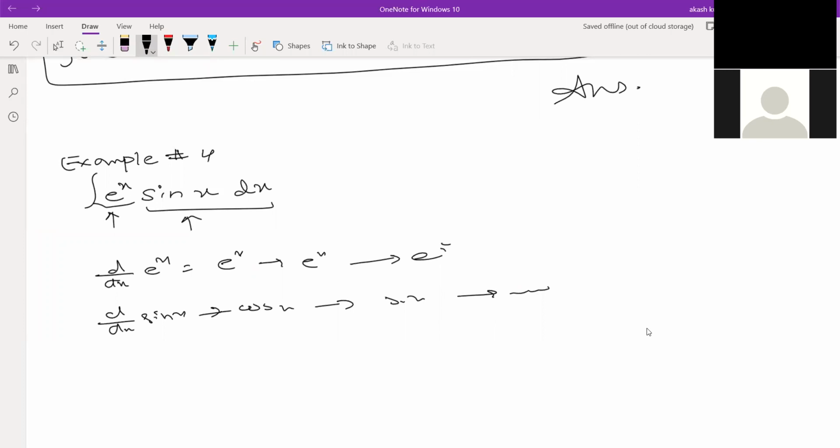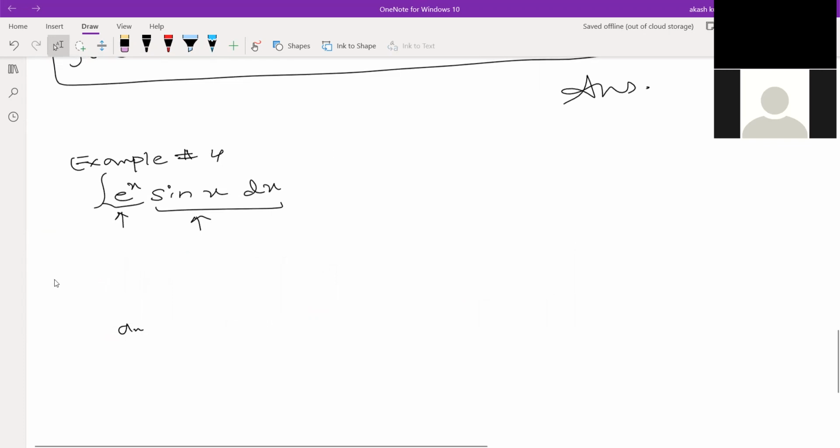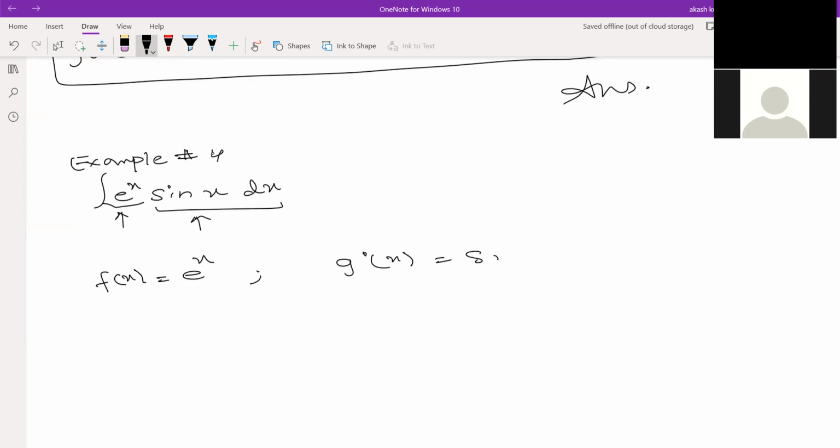Okay. Now we have to choose. Let's take u, I mean f of x, as e^x and g dash of x as sin x dx.